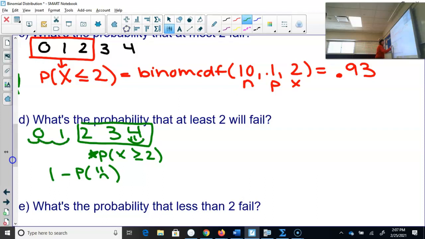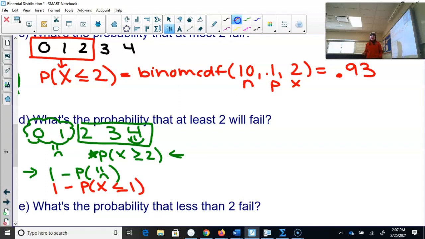I do not want this. That's what I don't want, ladies and gentlemen. So whenever you see something like this, you have to go to this step here. You have to figure out what you don't want. I'm then going to rewrite it in terms of an inequality. I want 1 minus the probability that x is less than or equal to 1.